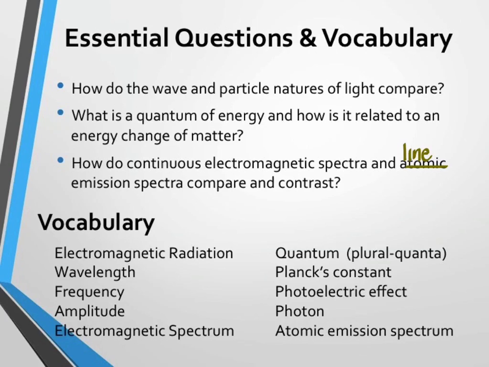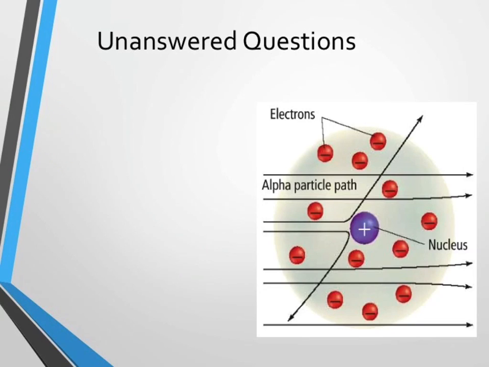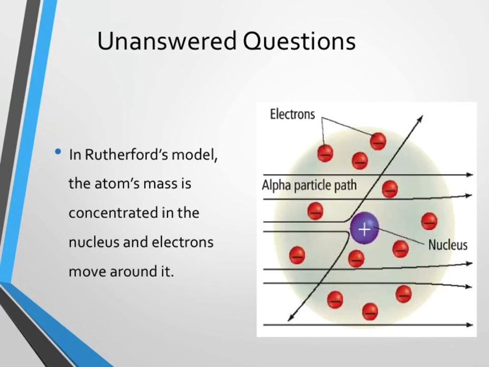So first of all, we left last unit here. Whose model is this that we are seeing? Rutherford. My boy Ernest. Rutherford said we have this nucleus in the middle and we have electrons moving around it.